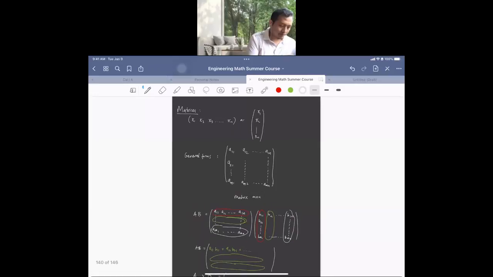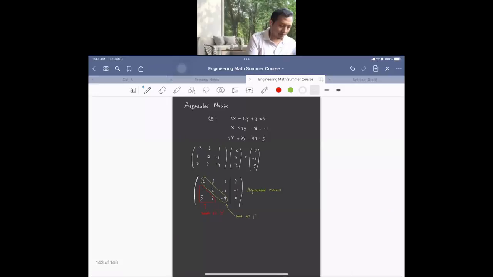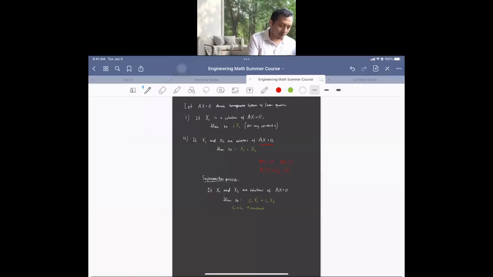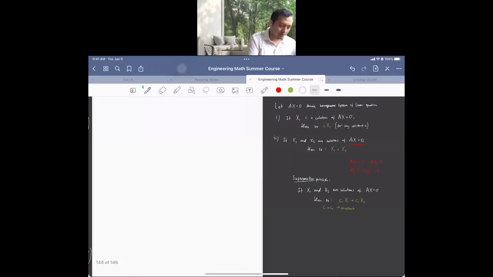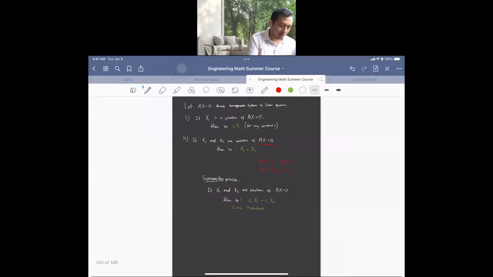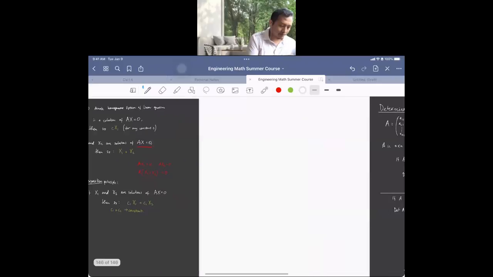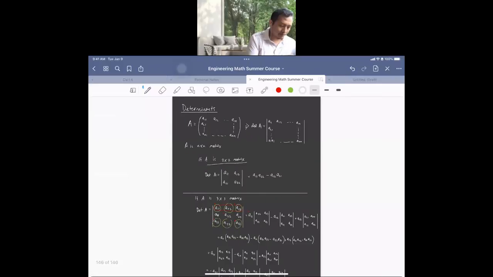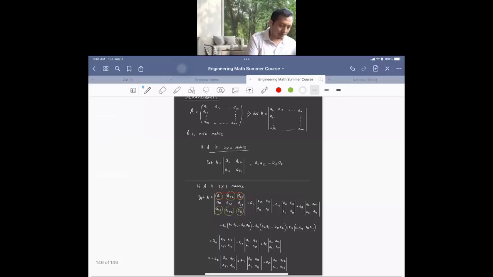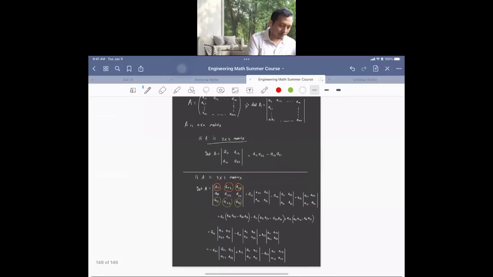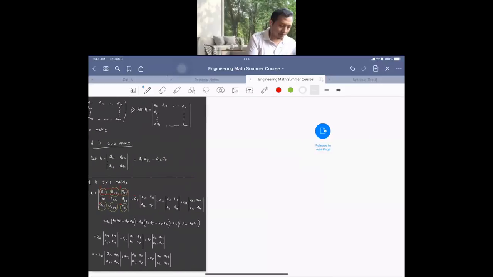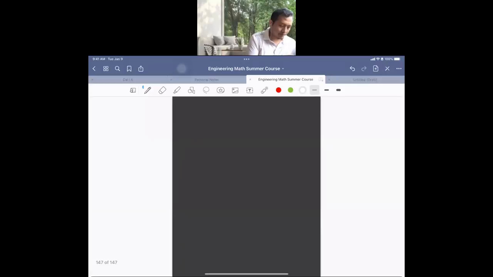I will just finish off what we have learned: the augmented matrix, the homogeneous system, and the superposition principle in matrix for the solutions, and then we have the determinants. So we have 2 by 2 matrix, 3 by 3 matrix.